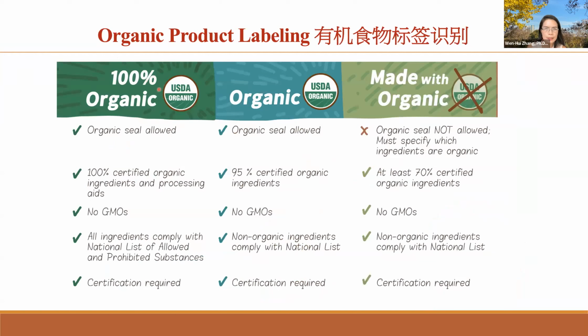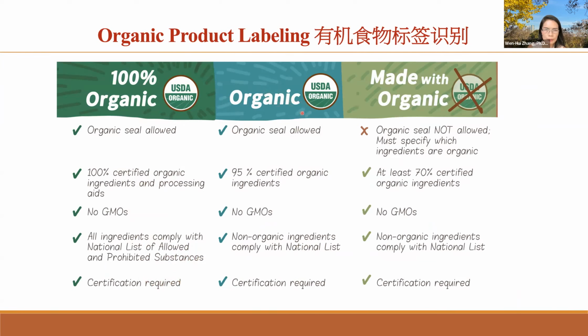And there are 3 different types of labeling regarding organic. So that's 100% organic, it carries the organic seal. So it's 100% certified organic ingredients and processing aids. So all ingredients comply with the national list of allowed and prohibited substances and certification required.